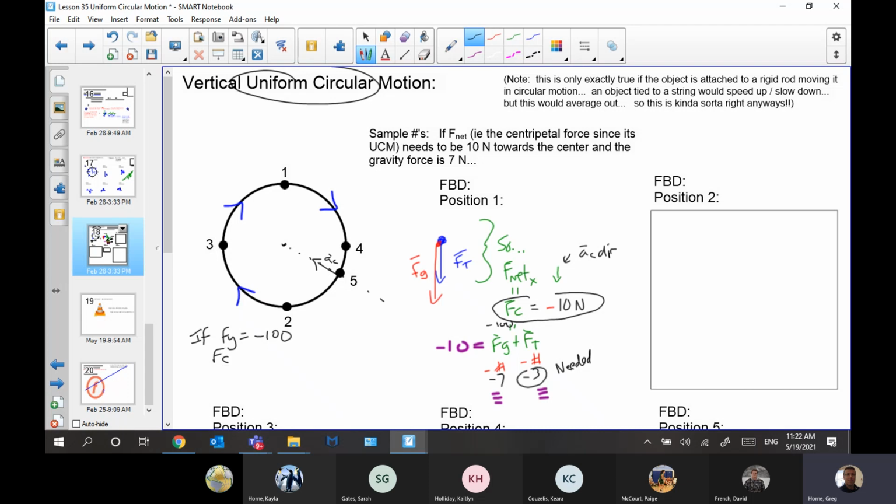We'd have Fc equals Fg plus Fn. We'd have minus 10 equals minus 100 plus the normal force. And so you'd say, oh, okay, so we need a normal force of, yeah, is that right? Yeah, so we'd add it and we get minus 90. What am I doing wrong there, though?